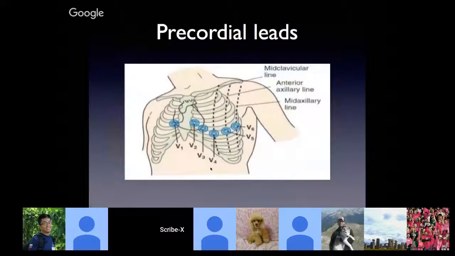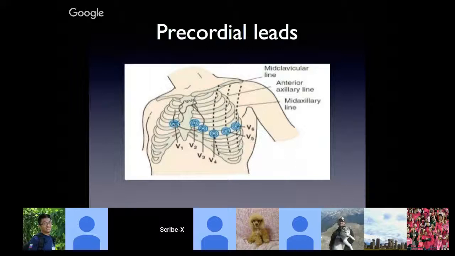The precordial leads are arrayed so that they register voltage changes not along the plane of the limbs, as with the so-called axial leads, but the precordial leads register voltage changes that take place sort of horizontally, or through the cross-section of the thoracic cage.